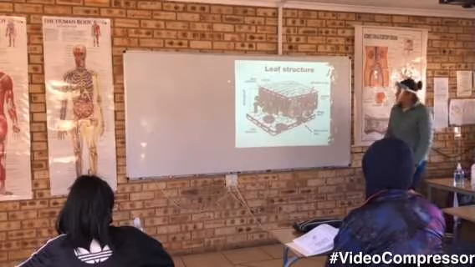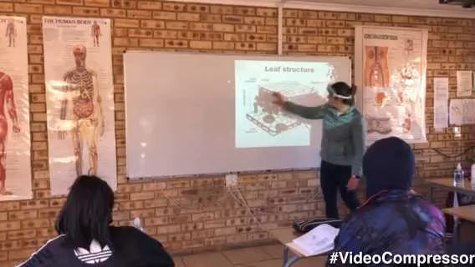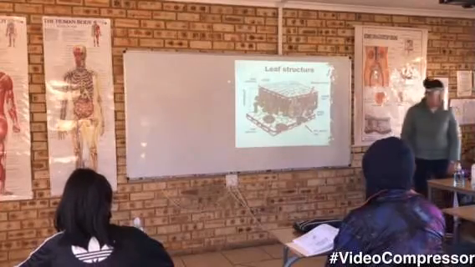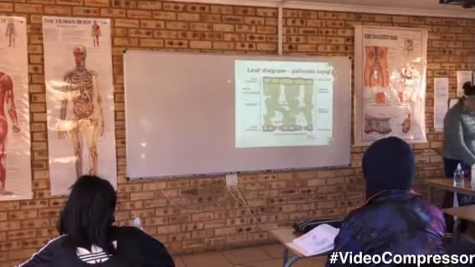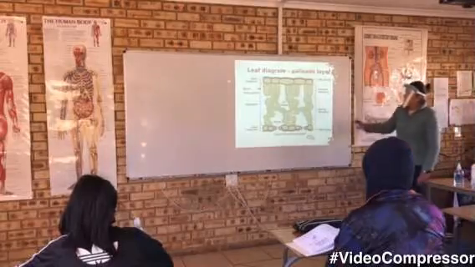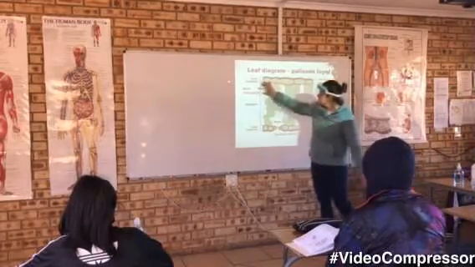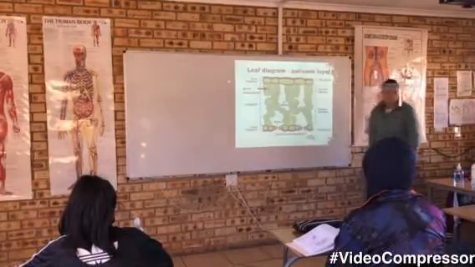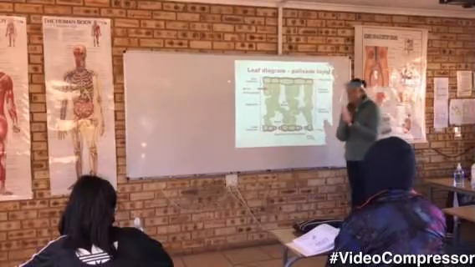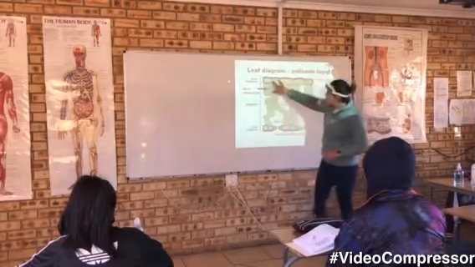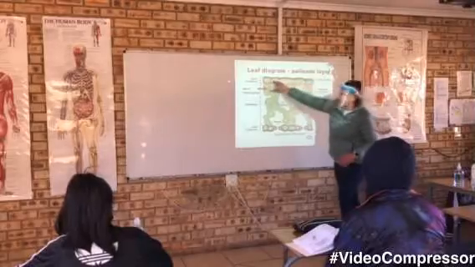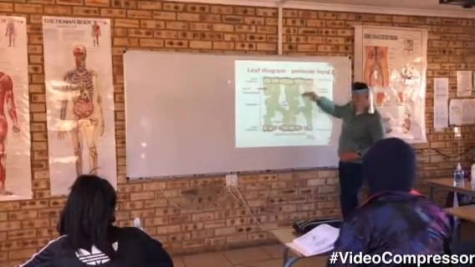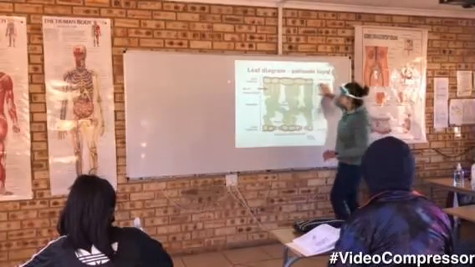Right, so we are going to be focusing on this top layer. The top layer has got a greater amount of chlorophyll. Because it has lots and lots of chlorophyll, it traps the most amount of light. So in these palisade mesophyll cells, they are tightly packed next to each other. We've got light coming through. Remember, your epidermal cells at the top layer are transparent to allow for light to penetrate to this lower level.